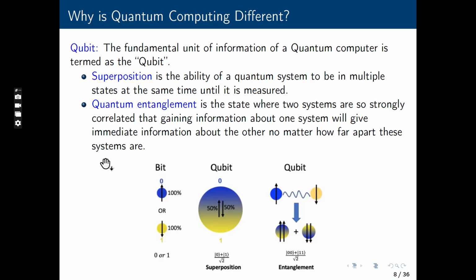And then there is quantum entanglement, where two qubits are so strongly correlated to each other that they can gain almost instant information about each other without having any direct communication between them. So this is again useful for optimizing communication.